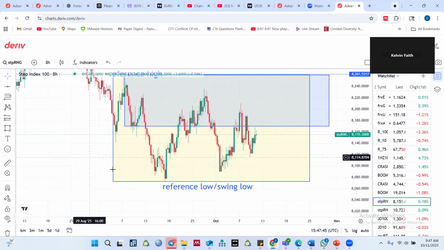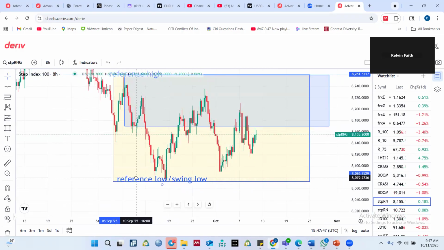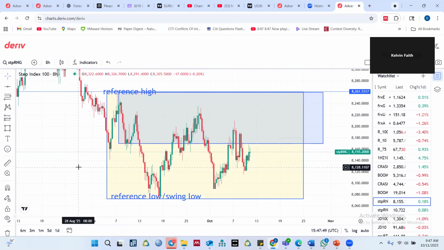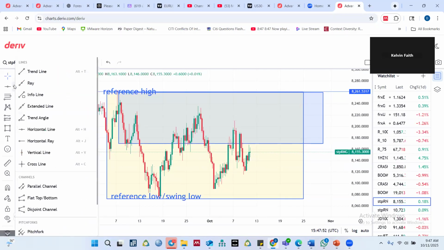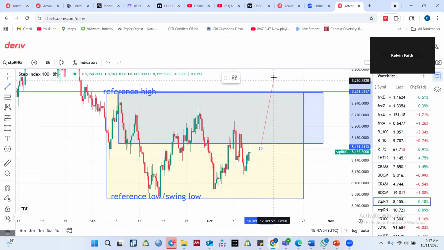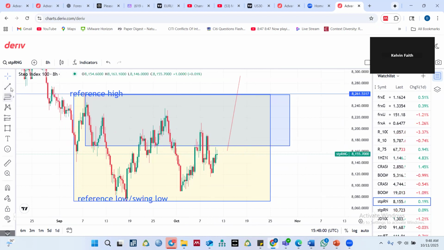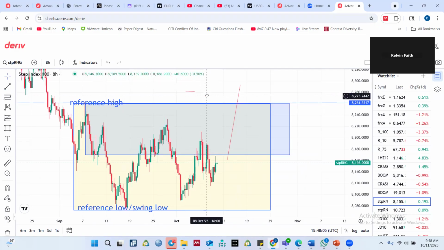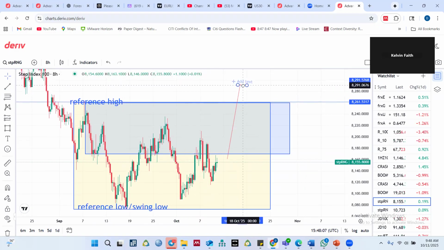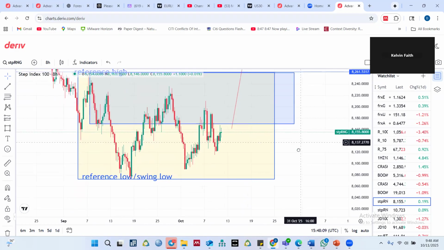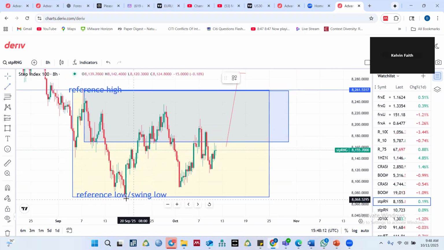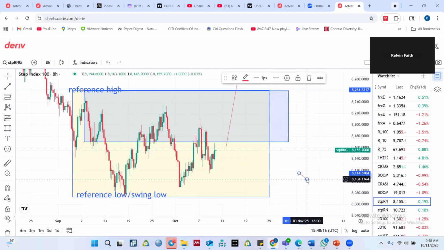Okay, swing low, this place as swing low. So it's only when price takes out the reference high and constantly stays within that it's going to give us a new swing high or break of structure, and this reference low.